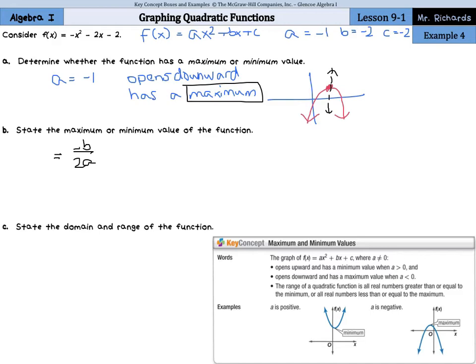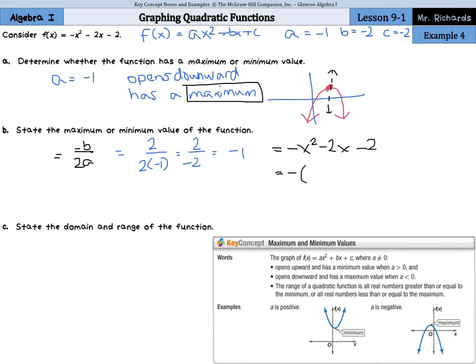Well, if we substitute in now, negative 2 for b, so the negative of negative 2 is 2 over 2 times negative 1, we'll end up with 2 over negative 2, which is simply negative 1. And once we have that negative 1, we need to plug it back into our original function. So negative x squared minus 2x minus 2, and we'll substitute in the negative 1.